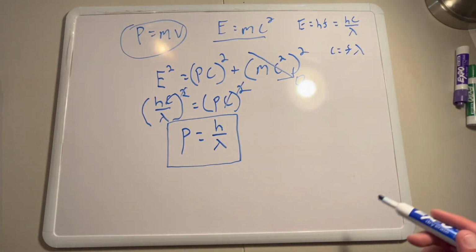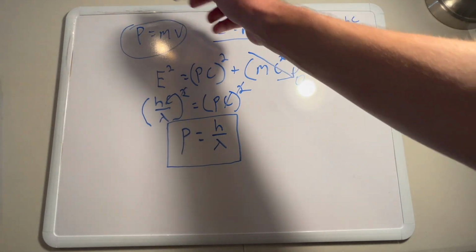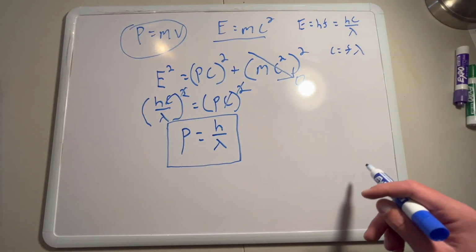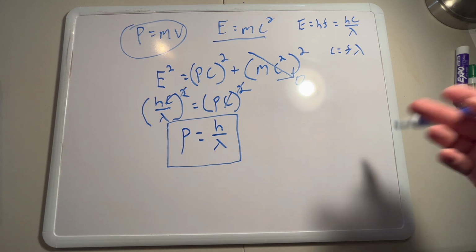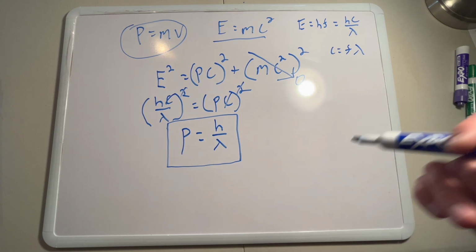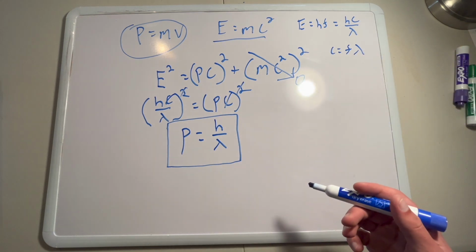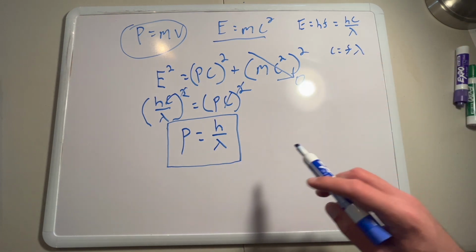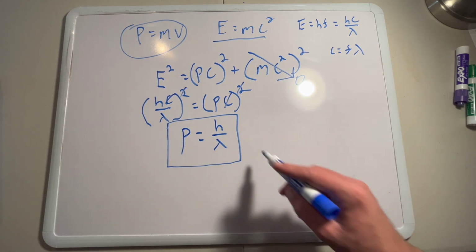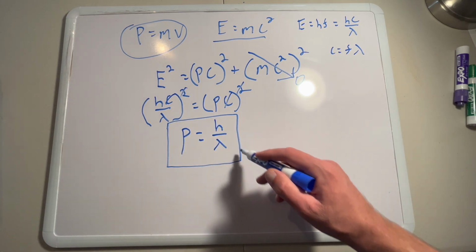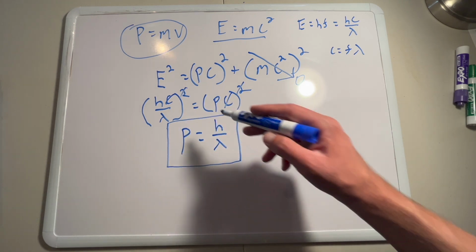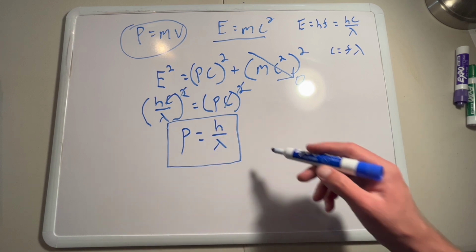If you apply it to a photon, then you'd say, oh, it's got zero momentum, but they do in fact have momentum, and you can use that momentum as a pressure and as a force. And that is the whole idea behind the example that we'll get to. So next up, let's go ahead and figure out how much pressure or force you get with the momentum of a photon.